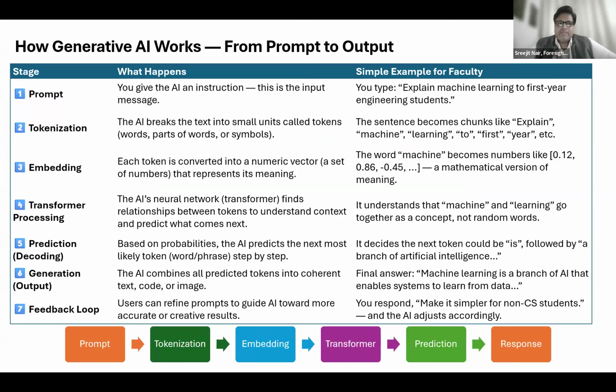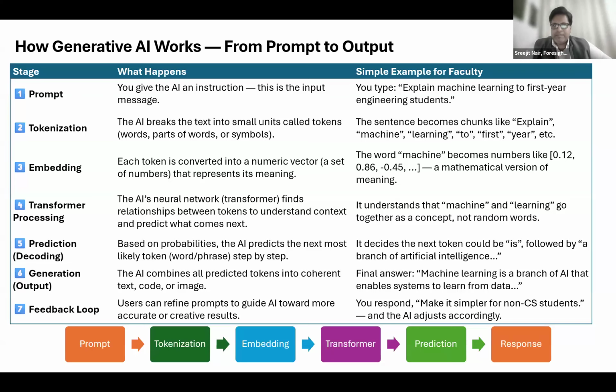Whenever you are prompting, you give AI an instruction that is a message. So text is given, and based on the text, the AI breaks the text into small tokens. Say the query is: explain machine learning to first year engineering students.